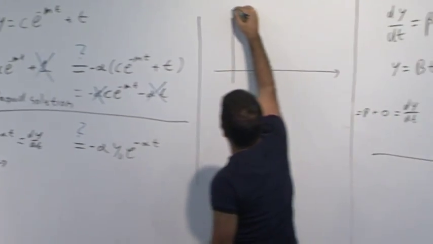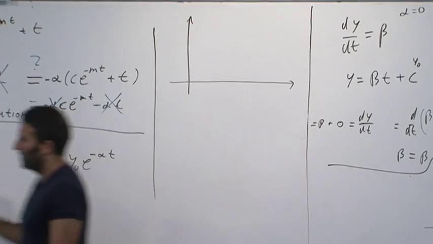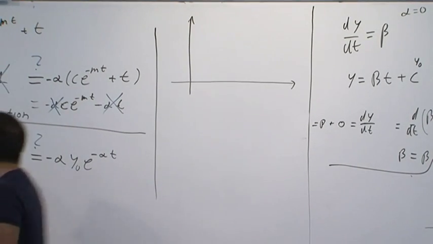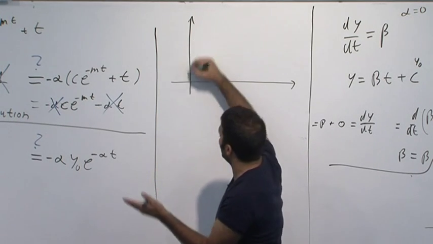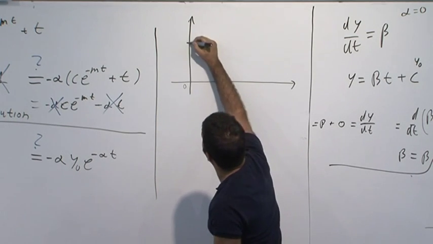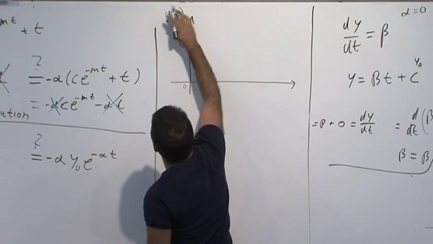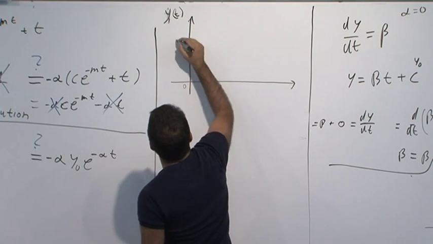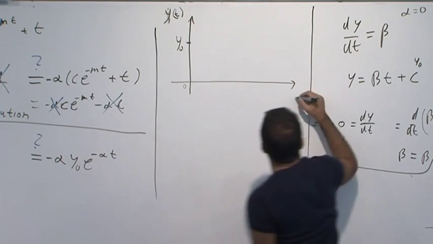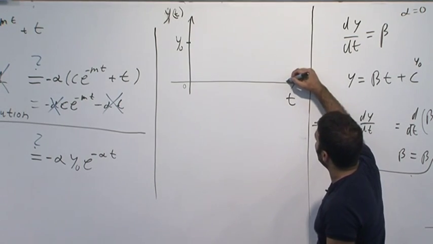Is it negative at any time? Will it be negative at any point? No, right? So it starts from y0, the initial condition. This is t, and it needs to get close to 0.